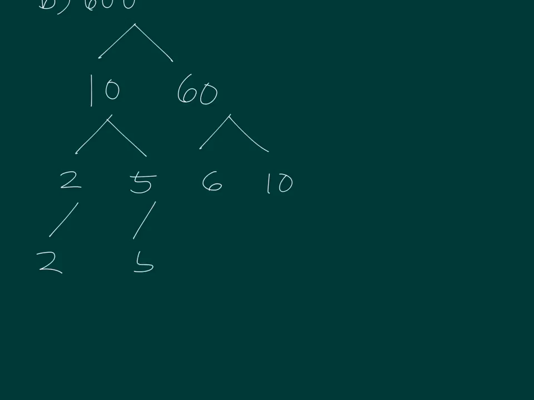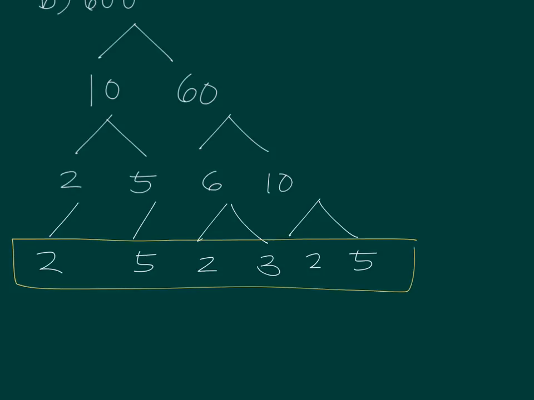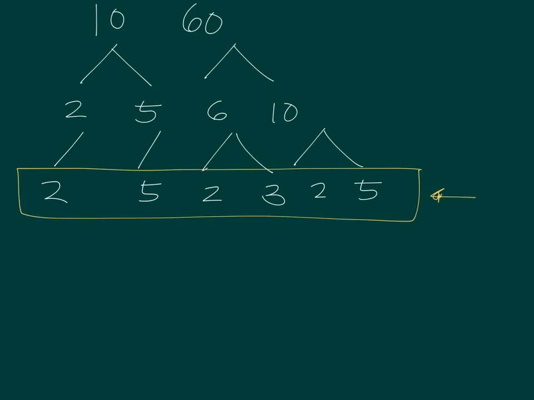Break down 6. 3 and 2. 5 and 2, or 2 and 5. Once all the numbers are prime numbers in your line, this is the latest line that we have, then that means we have already performed the whole process of prime factorization.